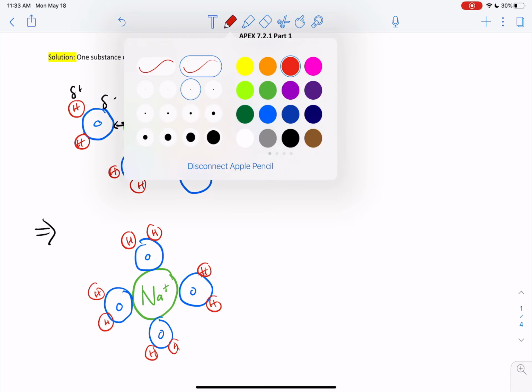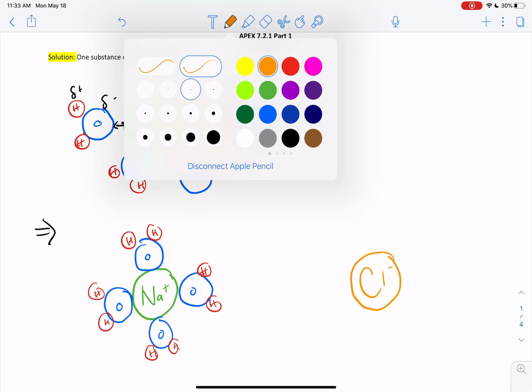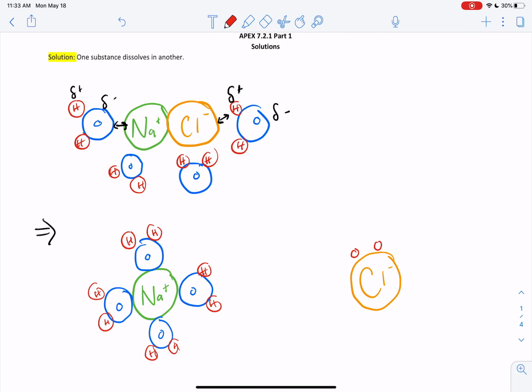At the same time, you have your chlorine has been separated, and it is going to be completely surrounded by water molecules with the hydrogen end closer to it because it is partially positive. Okay, and so these things are going to end up separating from each other.